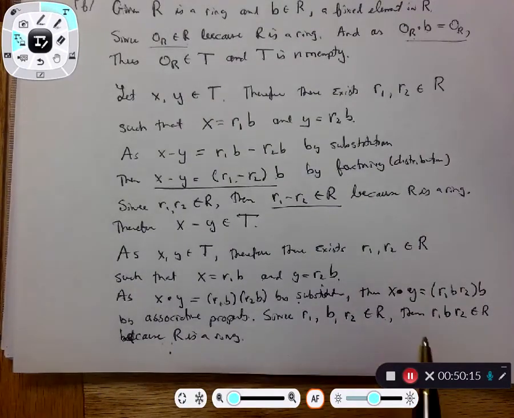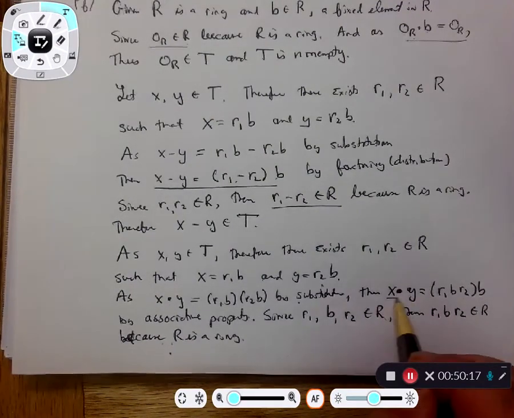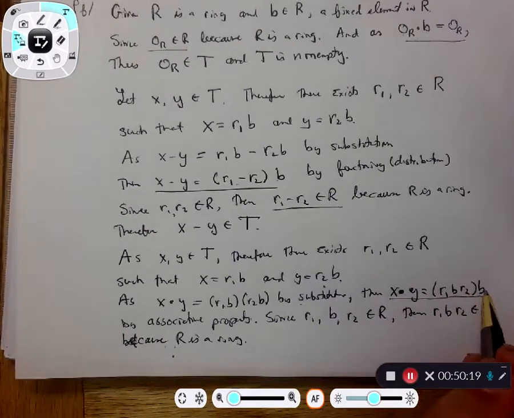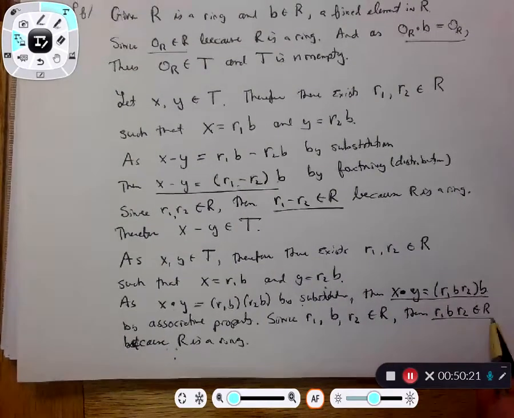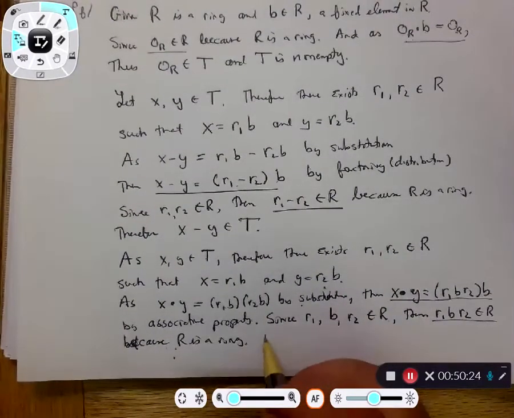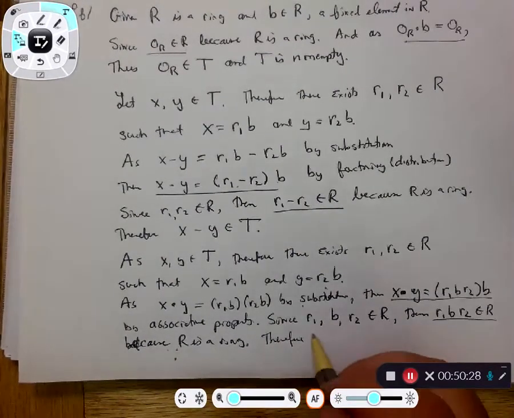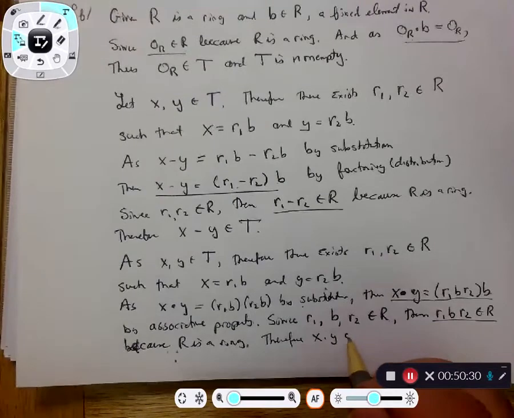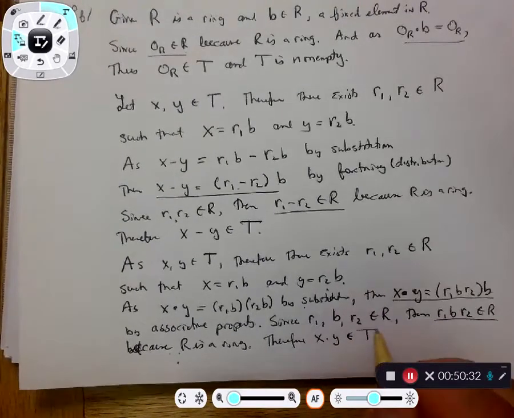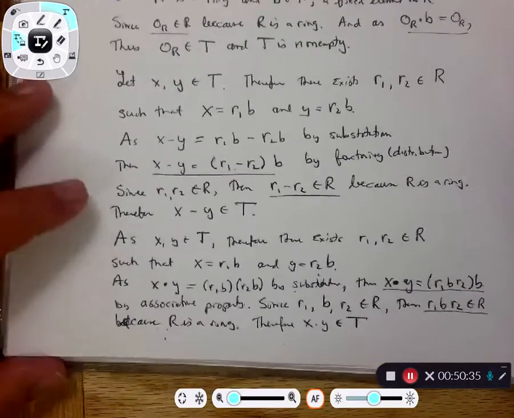So again, I'm going to underline it. I got X times Y equals somebody times B, where that somebody came from R. Therefore, X times Y as the structure is an element of T. And then that last little bit I have up here.